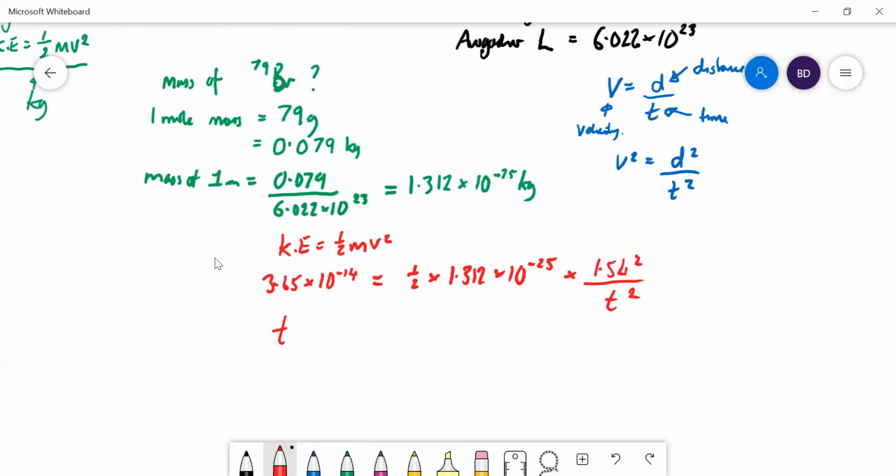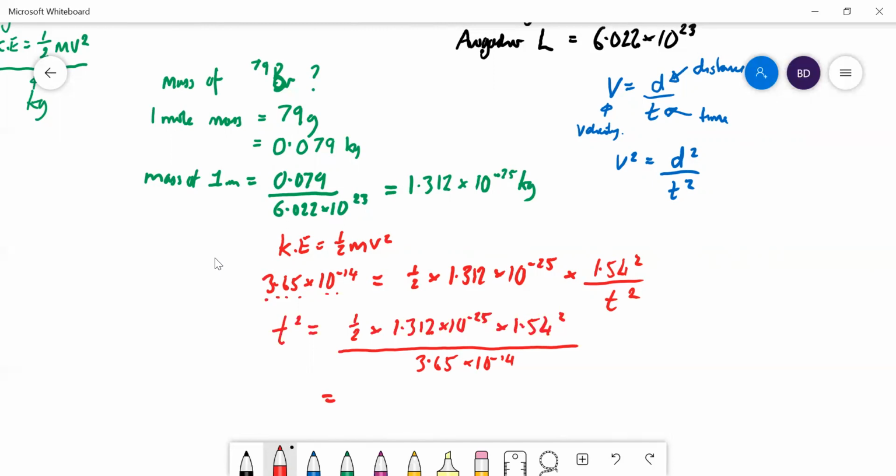We're going to get time squared is equal to a half times 1.312 times 10 to the minus 25, multiplied by 1.54 squared, divided by 3.65 times 10 to the minus 14. Let's do all of that.